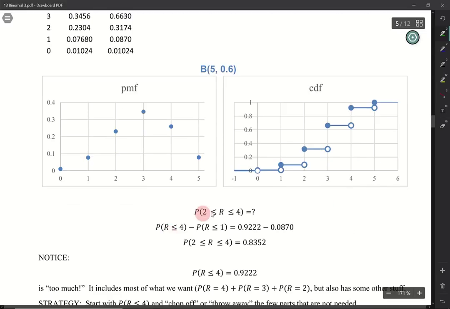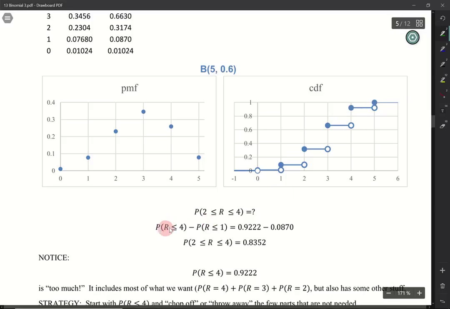And you may see questions more like this: what's the probability that it is between 2, 3, and 4, right? That we just wondered about, right? This mean, and then one standard deviation down, one standard deviation up. So how can you get that from the cumulative distribution function?